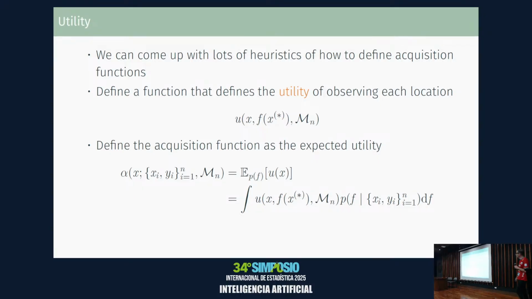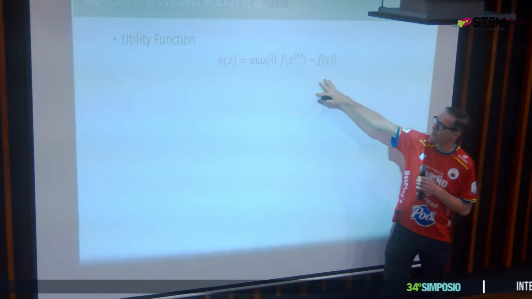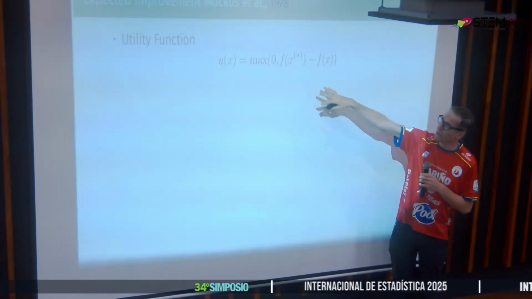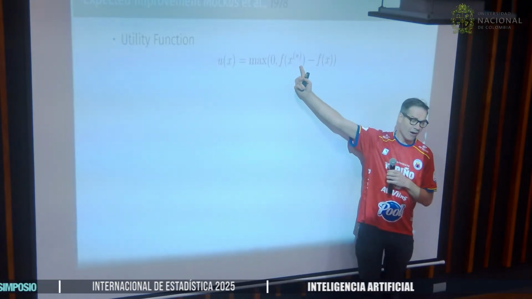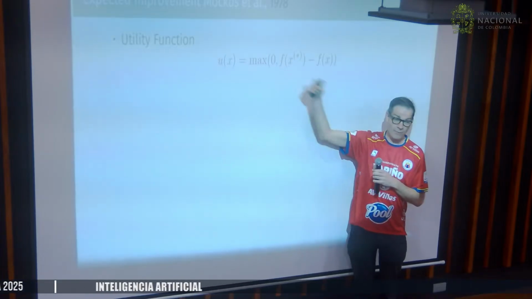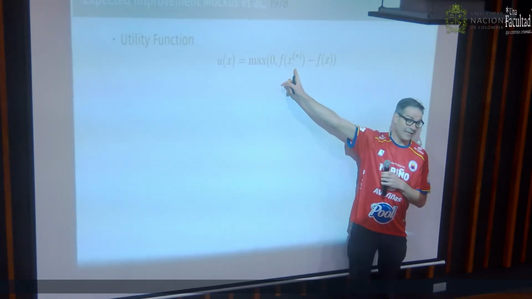So the most useful one, this is really where most Bayesian optimization goes, is a utility function called expected improvement. So this here is currently my best estimate. So this is the lowest, if we're minimizing, this is the lowest value that I've currently seen.